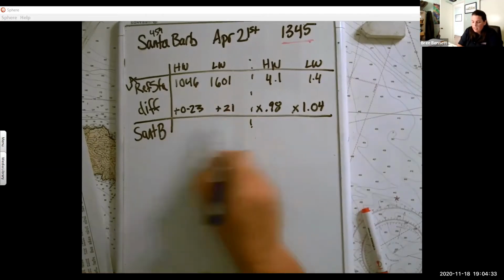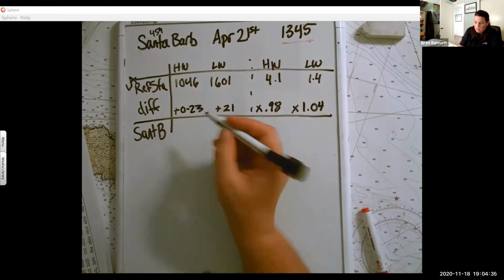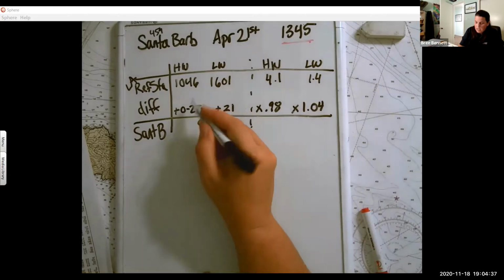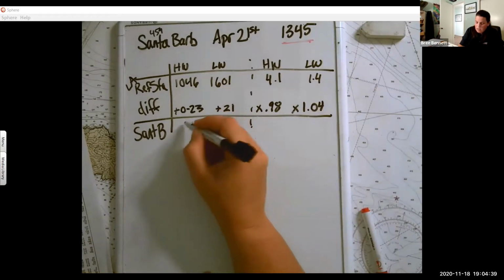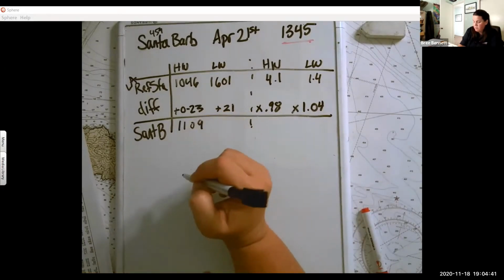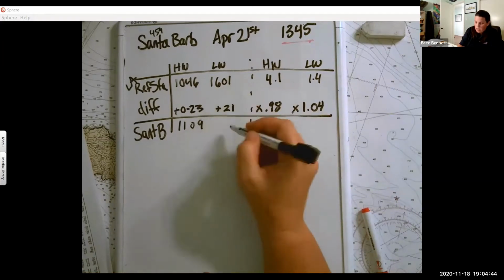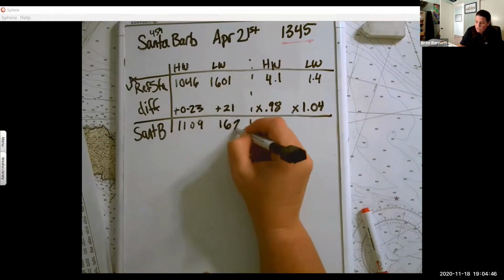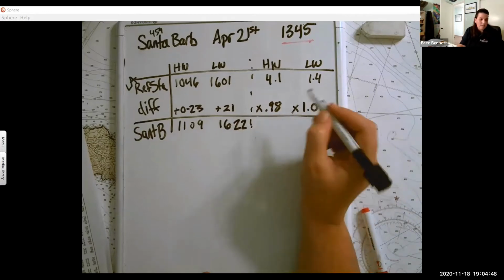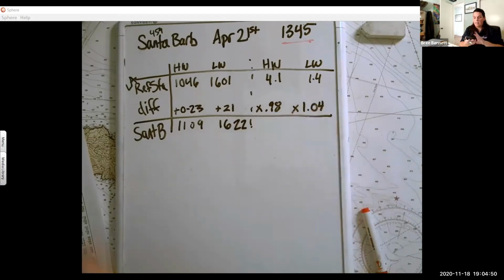So I'm adding here. And 1109. And that would be 1622. I'm going to need a calculator for this.